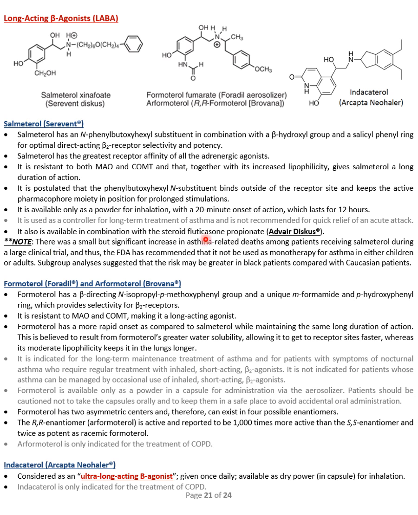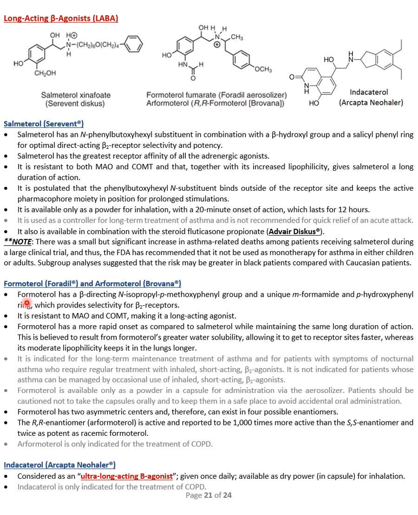Okay. The subgroup analysis suggests that the risk may be greater in Black patients compared to Caucasian patients. I'm sure you'll learn about this from the clinical faculty, so I'm not going to spend much time on this. I just thought it's worth mentioning. Okay. I think that's all for salmeterol.